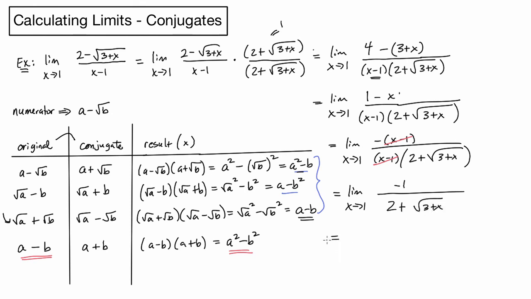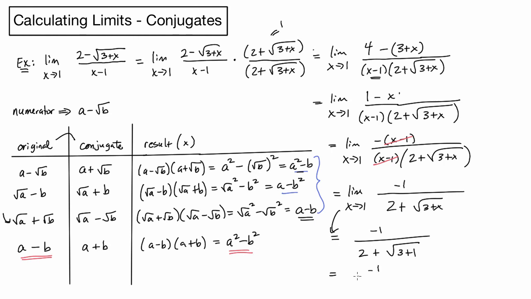And so now let's see if it has the direct substitution property. Can I plug in x equal to 1? And it turns out I can. If I plug that in, I get the square root of 3 plus 1. Now I've taken the limit here, so notice I don't use the limit symbol out in front because I've done the limit when I plug in the 1.